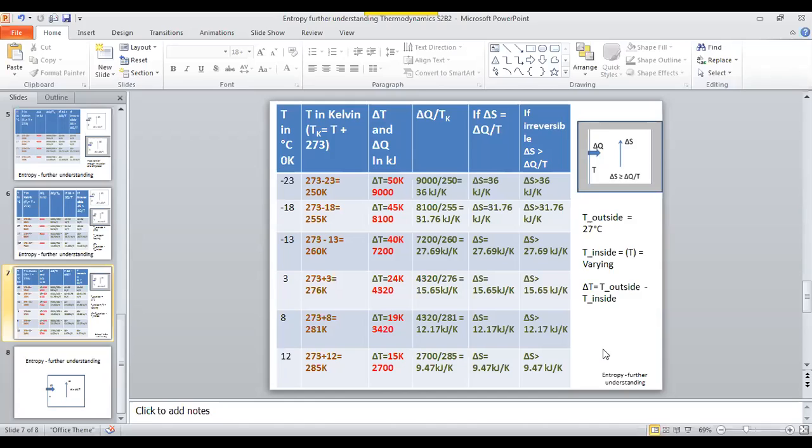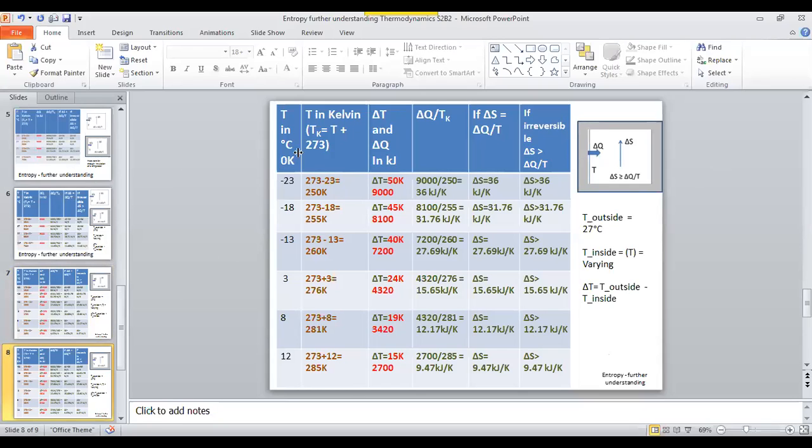So when it comes to the next case study, better take a snapshot of this. You have to find the answers, because today's topic is about further understanding entropy. So I'm going for another new case.